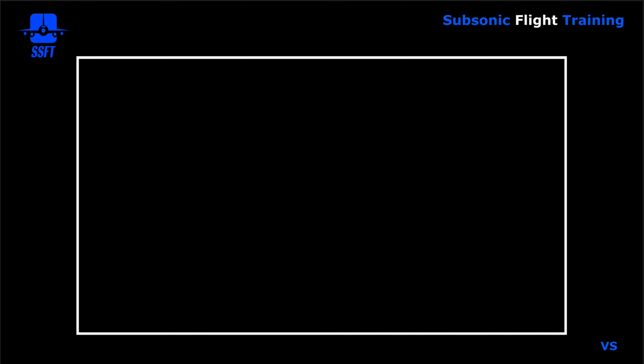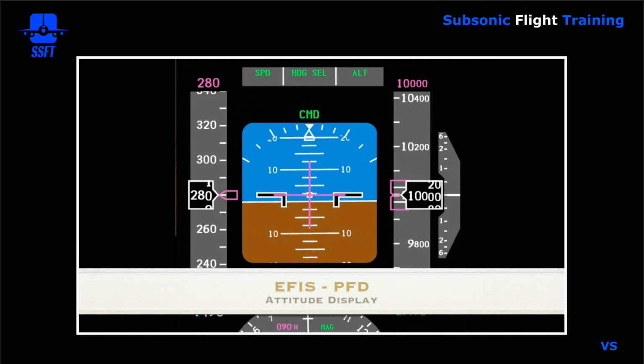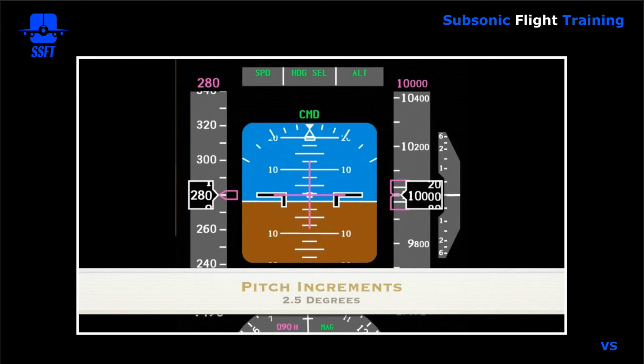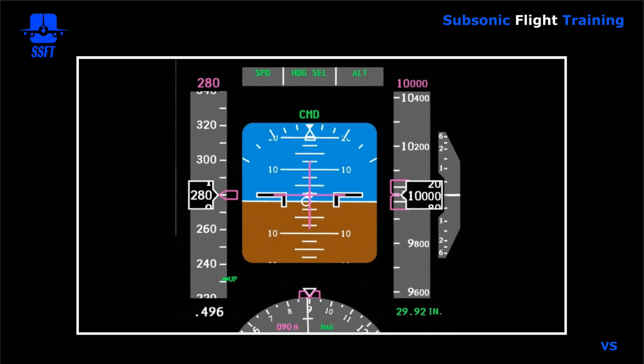Let's take a look at the virtual simulator. And we're taking a look at the attitude portion of the PFD. You can see here we're at 280 knots, we're at 10,000 feet. Autopilot's in command.